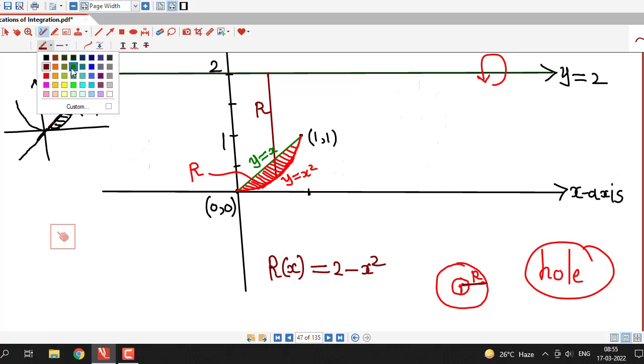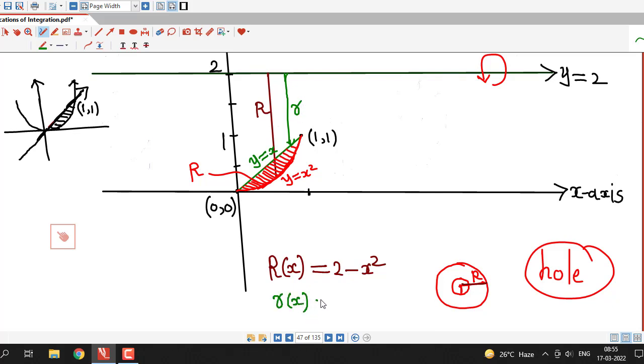Similarly, we can find the inner radius by considering the distance between the axis of rotation and the curve y equal to x, which is closest to the axis of rotation compared to y equal to x square. This is small r, and it is the distance between y equal to 2 and y equal to x, that is 2 minus x.